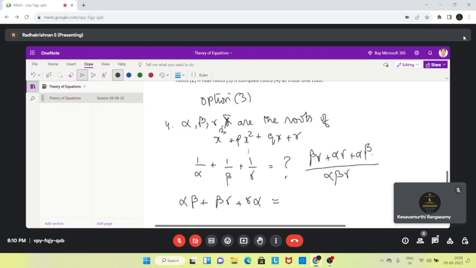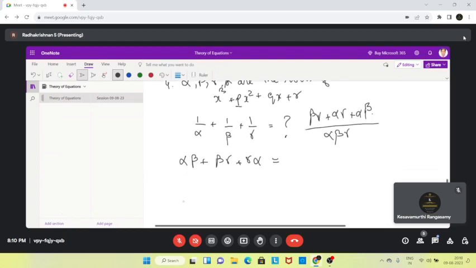Yes, because this is the sum of the combinations of roots, two roots at a time. So we use Vieta's formula, which says alpha plus beta plus gamma is equal to minus b by a.